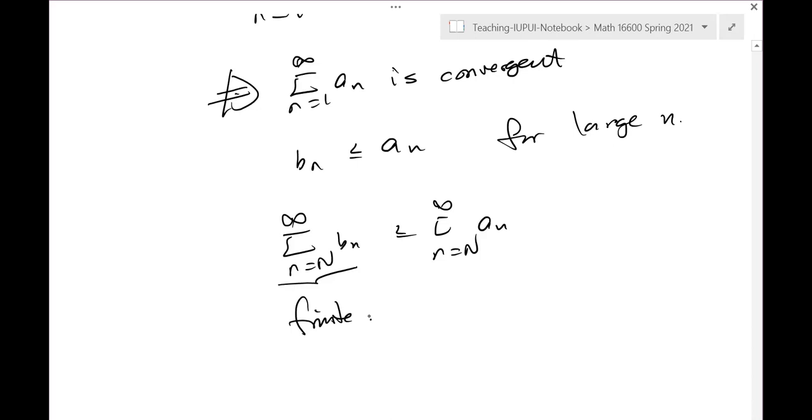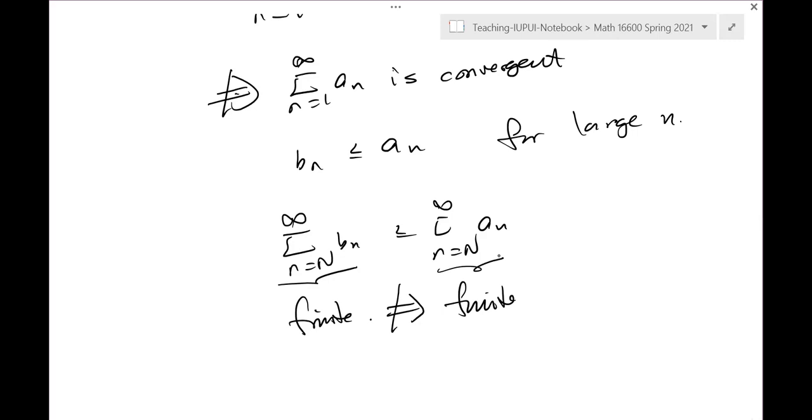The one on the right-hand side may still be infinite, because the direction is less than or equal to. So a finite number can be less than or equal to an infinite number.